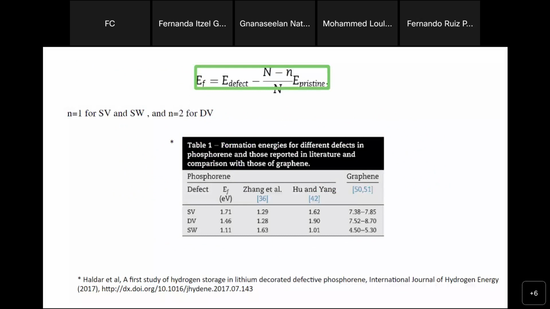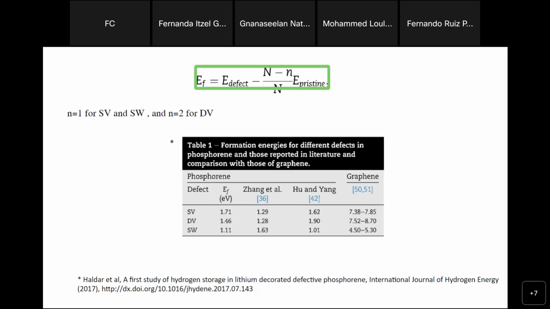The formation energy of a defect is obtained from this formula, where capital N is the number of phosphorus atoms and little n is the number of removed atoms. E defect is the energy of the defect, and E pristine is the energy of the pristine phosphorene. n equals 1 for the single vacancy defect and the Stone-Wales defect, while n equals 2 for the double vacancy defect.